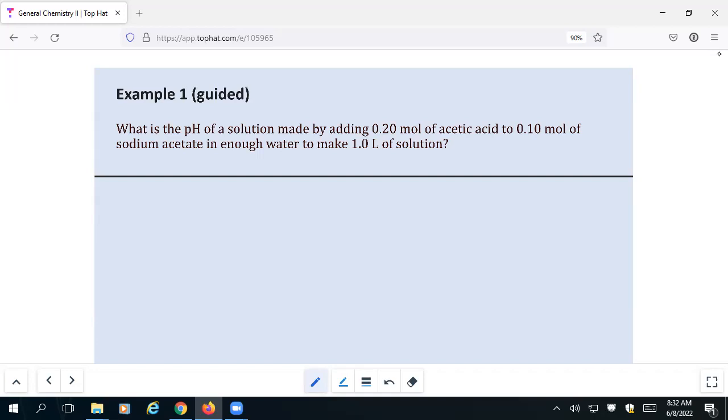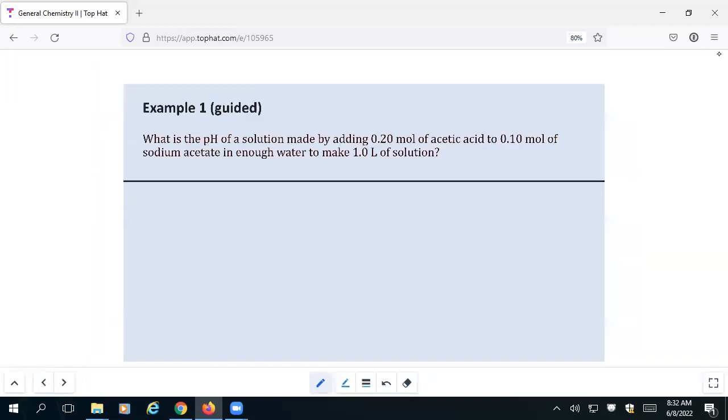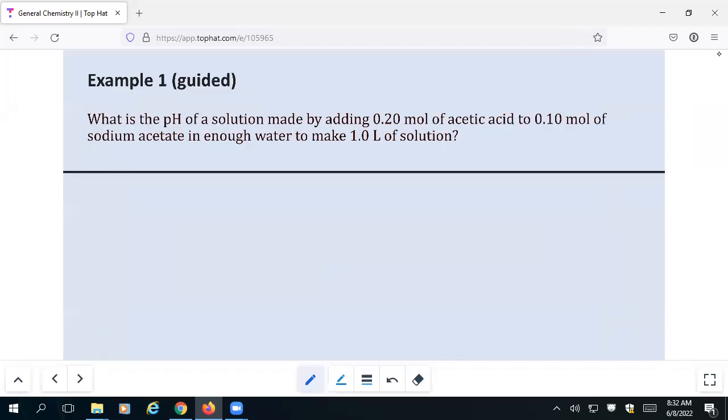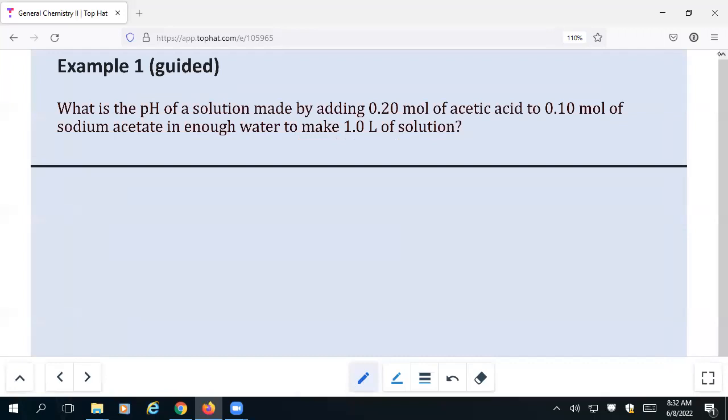So let's take a look at an example of just this kind of manipulation. What is the pH of a solution made by adding 0.2 moles of acetic acid to 0.1 moles of sodium acetate in enough water to make 1 liter of solution?